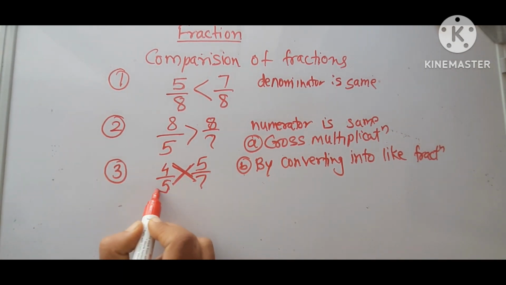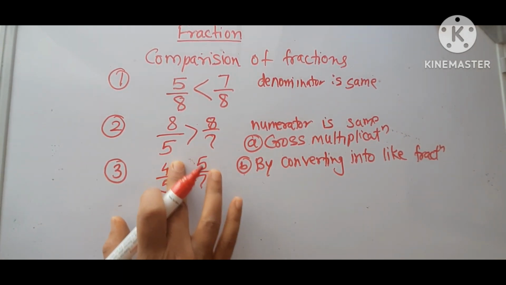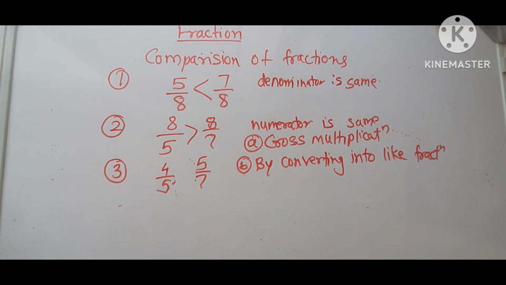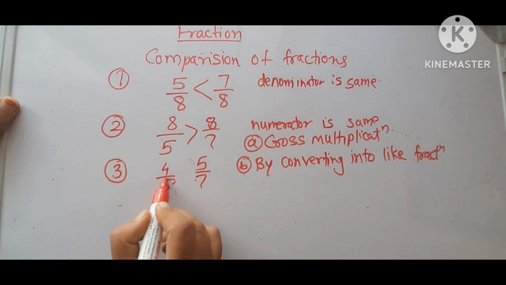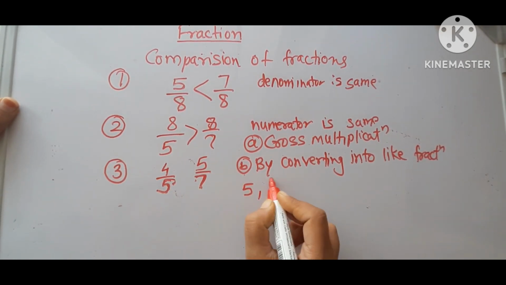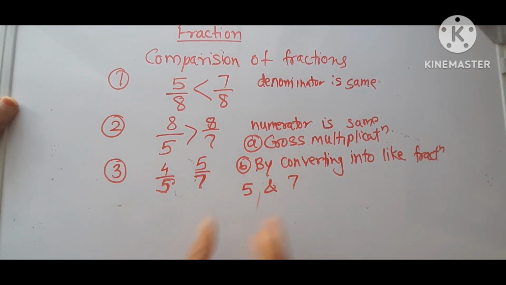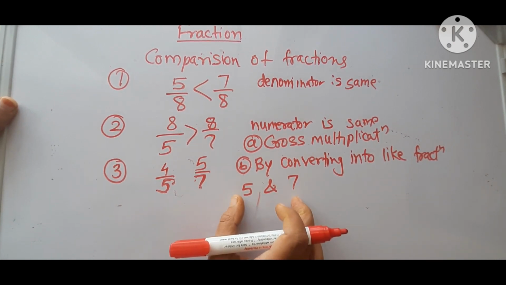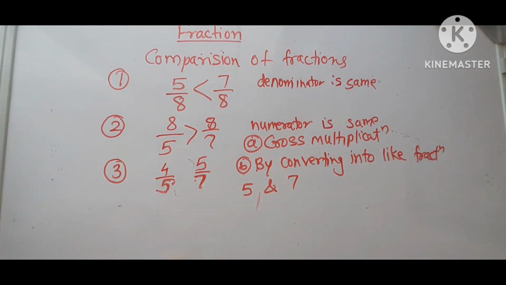So in this case, to find the comparison, we'll have to convert them into like fractions. How can we convert them? In the denominators we have the numbers 5 and 7. To convert 5 and 7 into like fractions, we have to find the LCM of 5 and 7.